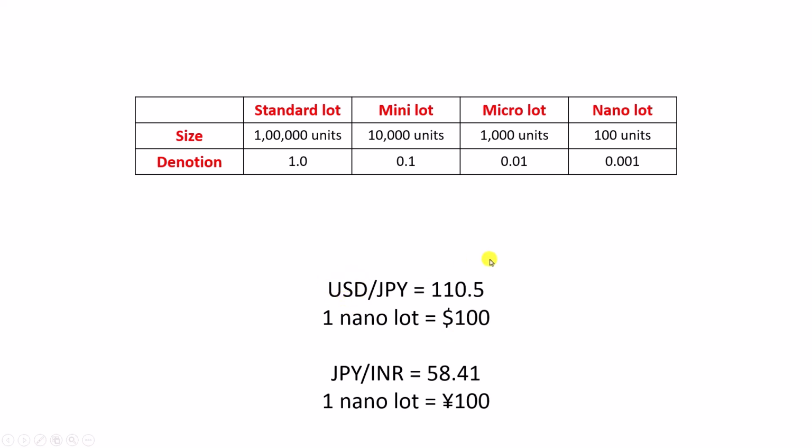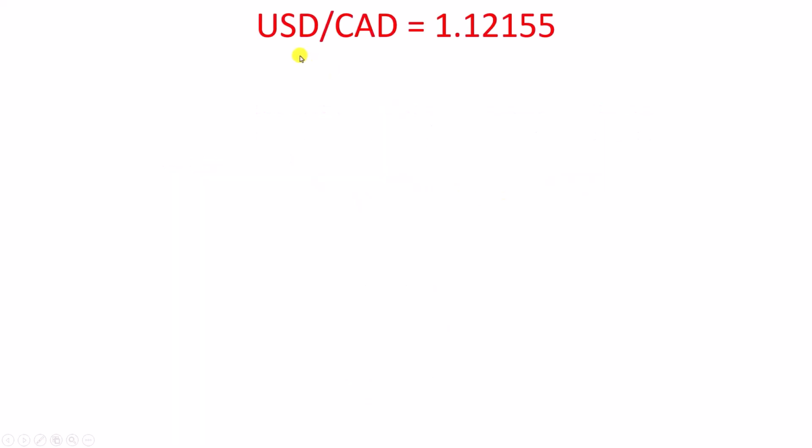Alright. Now, depending on the lot size, your profit or loss varies. Now, let's do a calculation. Let's see how much a pip costs according to lot sizes. Let us say that you are trading this currency pair and this is the exchange rate.